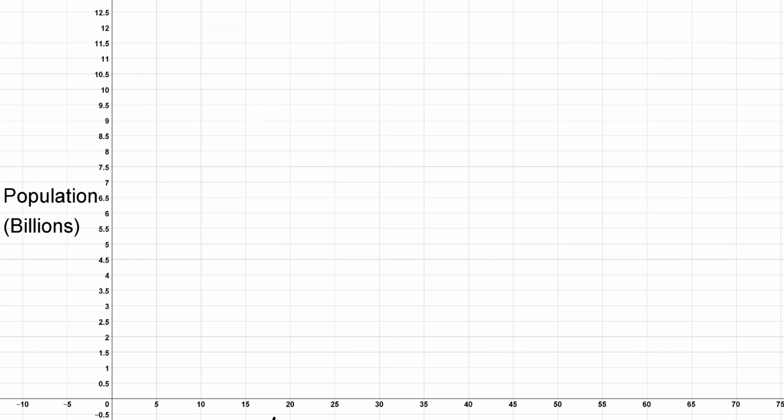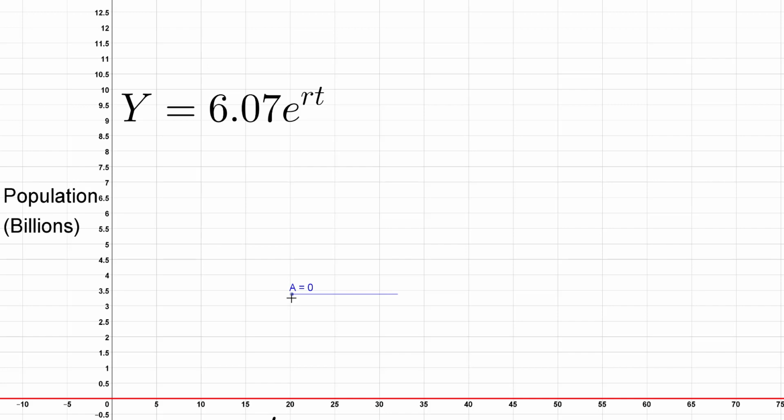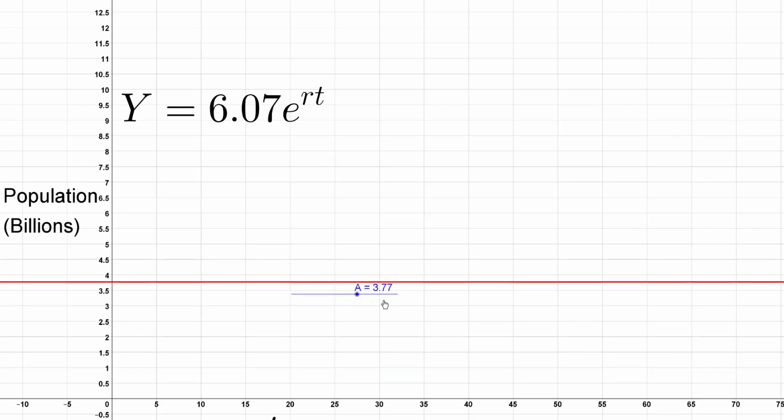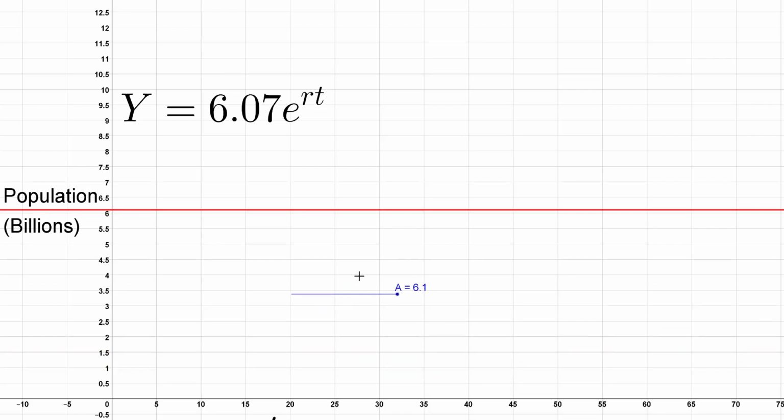So we know our initial value is 6.07, so we know the function is y equals 6.07 e to the rt. That means we can set our a at 6.07, which will look something like this.